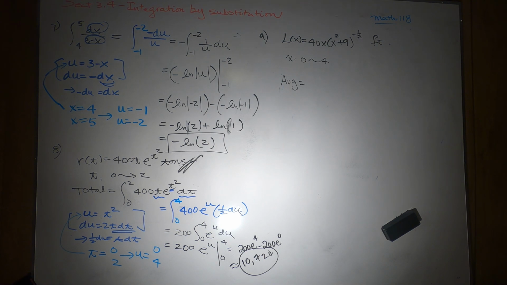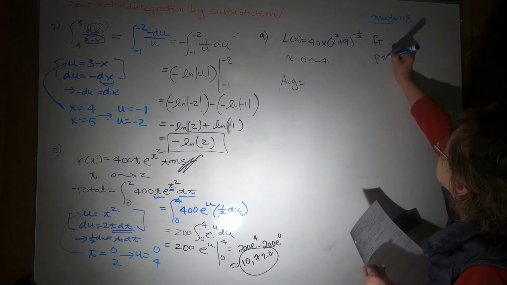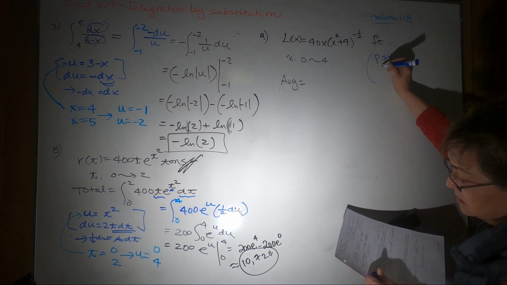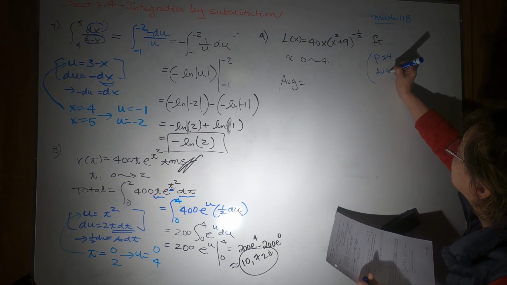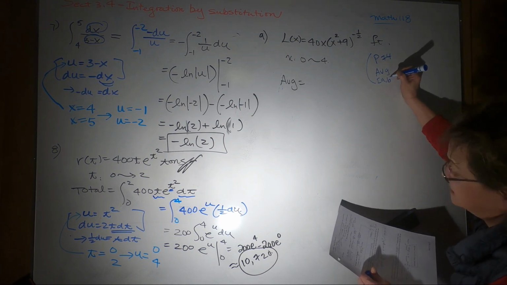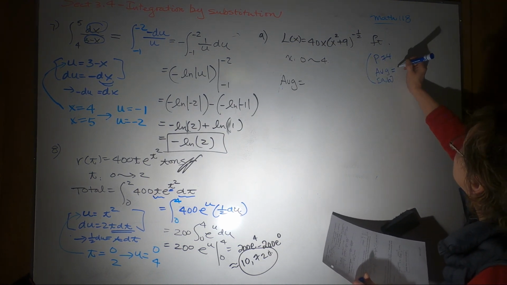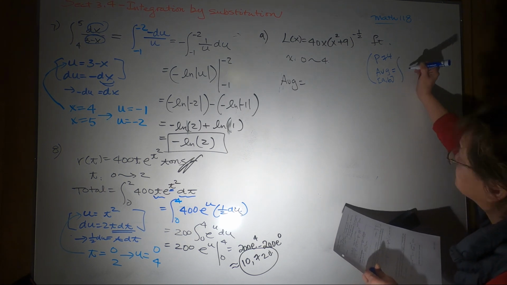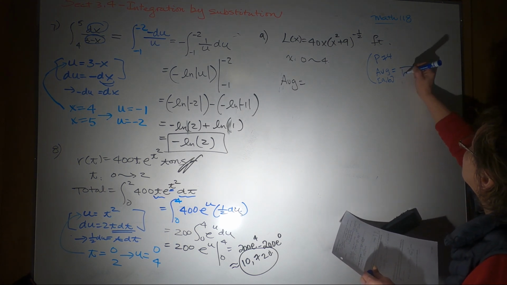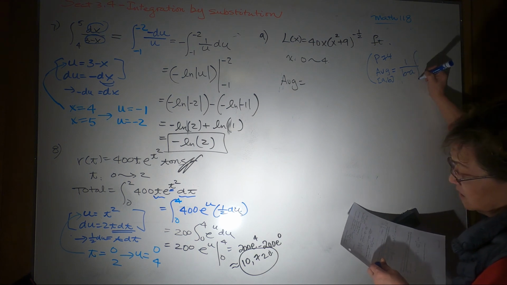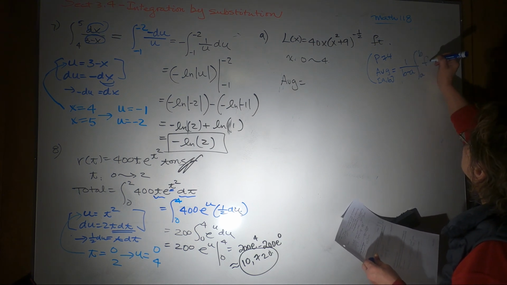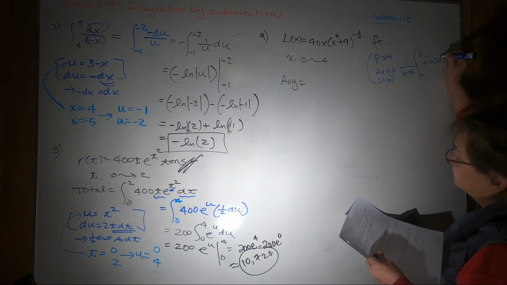On your page 74, it says your average from a to b would be the integration from a to b of your curve, divided by b minus a.